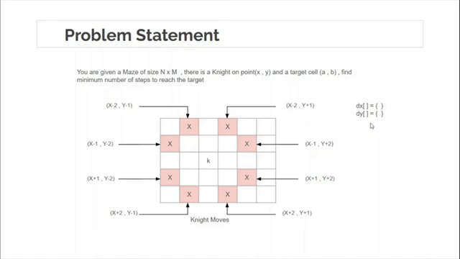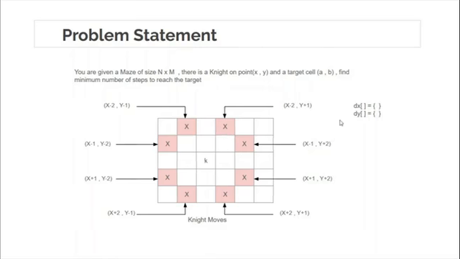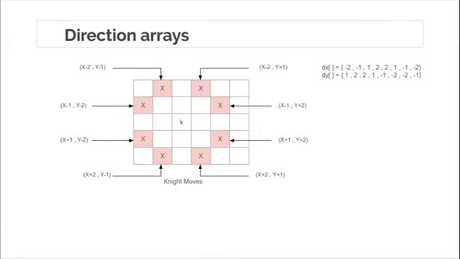For that we create two different direction arrays. For the knight, the direction array changes a little bit, and it looks like this. I'm starting from here and going in clockwise direction. If you move from this cell to this cell, you are making a change in x by -2 and a change in y by +1.